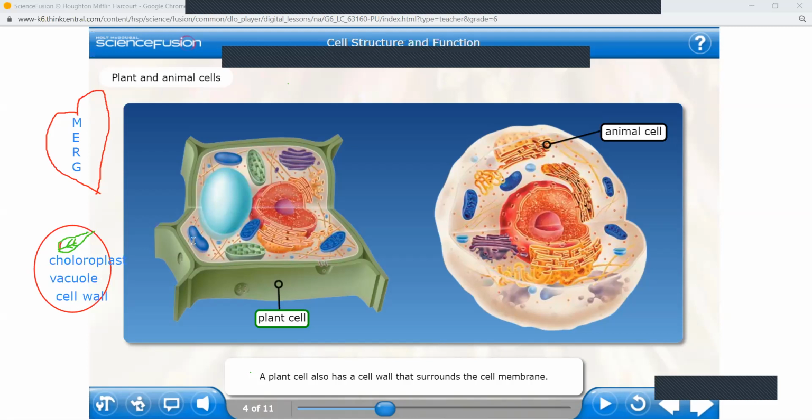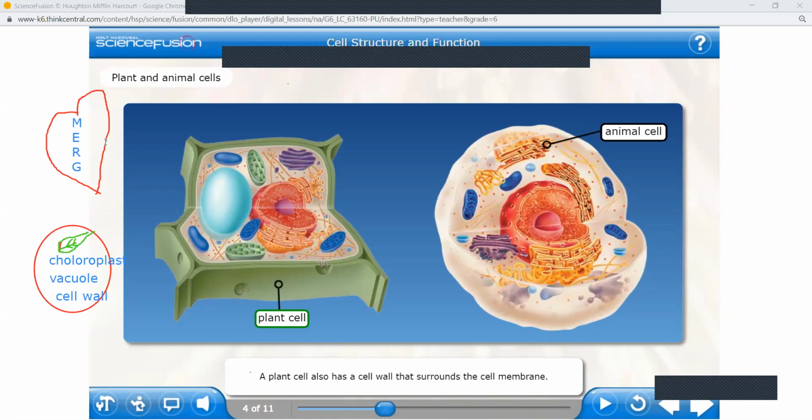So what is present in both? The heart, what is M for? Try, don't worry. M is for mitochondria.